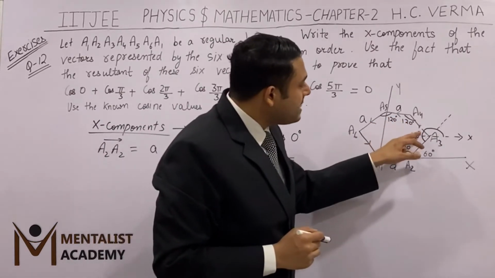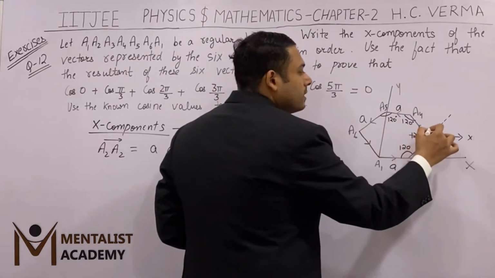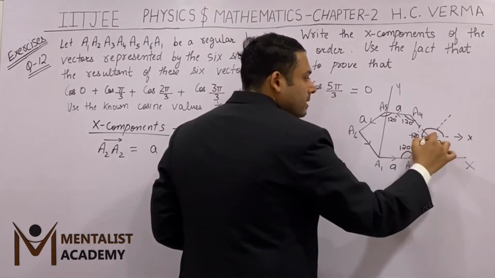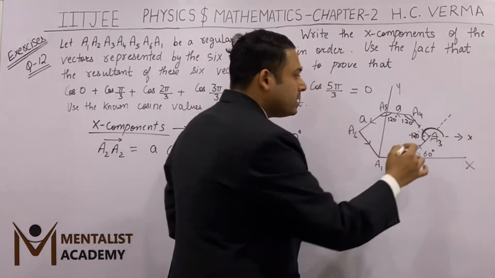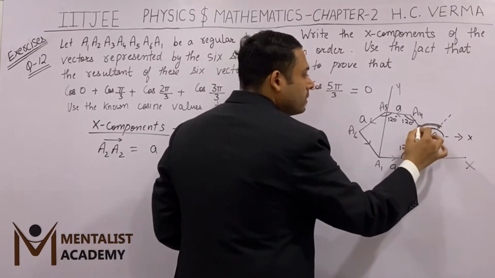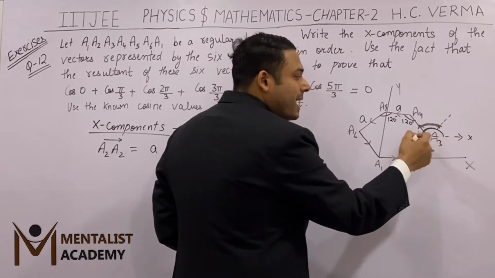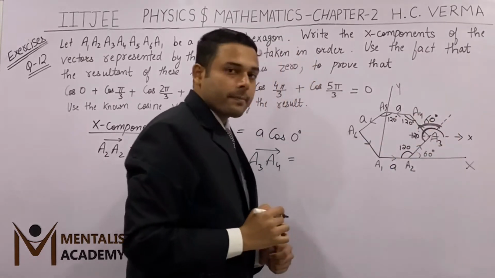Now I know that this angle is 120 degrees and this total angle, this is a straight line, this total angle is 180 degrees. So the remaining angle would be equal to how much? 180 minus 120 degrees, that is 60 degrees.